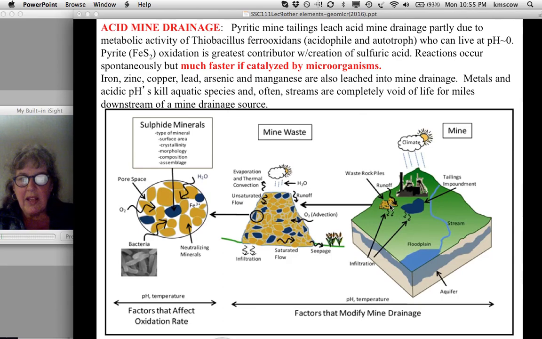There are these piles of tailings or an impoundment with tailings. Blow that up, and you can see that these piles of tailings are going to be exposed to the elements, to rainfall and evaporation and water moving through them in different ways.